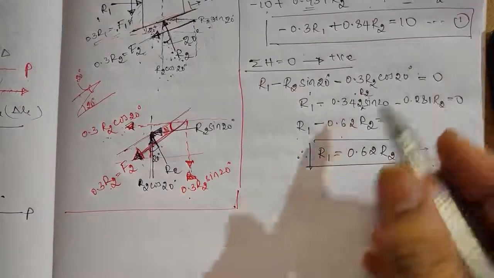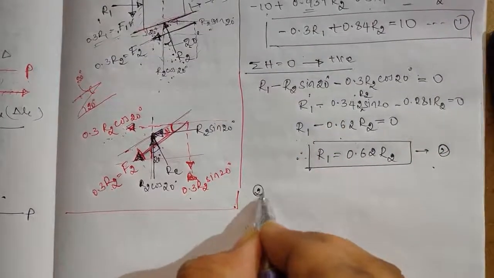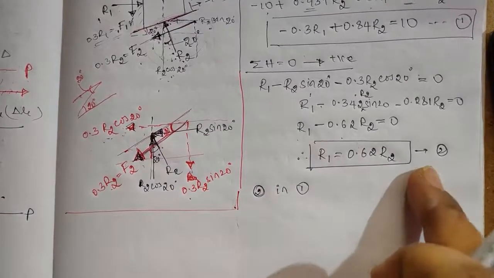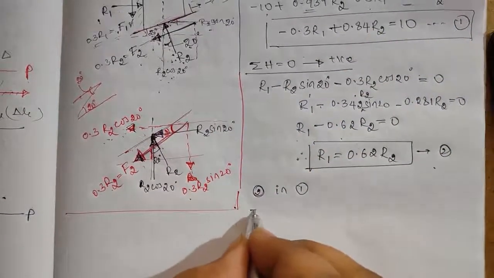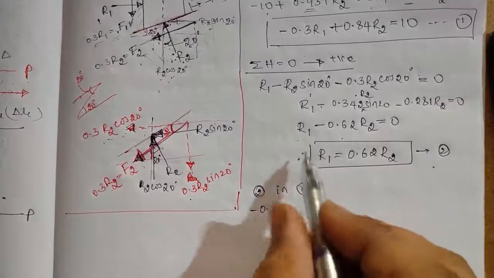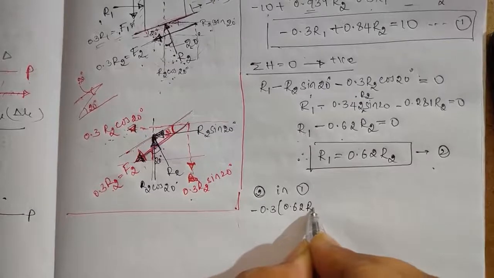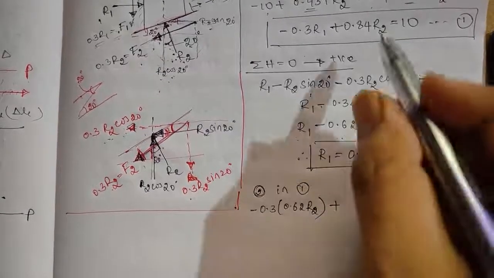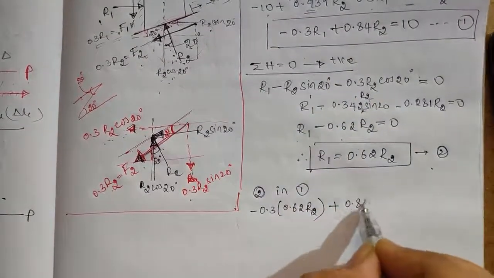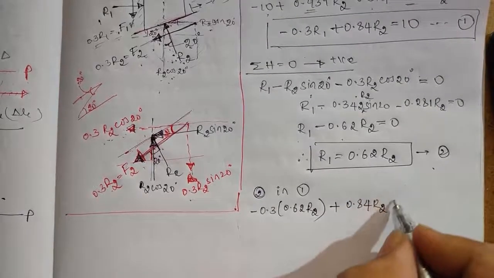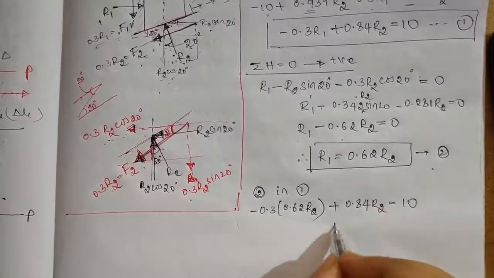So I'll put equation 2 in 1. Simplification is easy, you can do it your own way, but the answer should be the same. So minus 0.3 times 0.62 R2 plus 0.84 R2 is equal to 10.